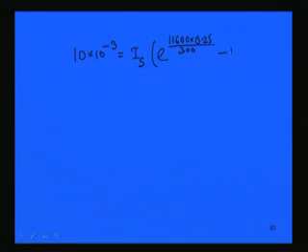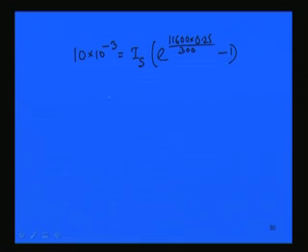In the current expression, we can now replace 10 milliampere, meaning 10 into 10 to the power minus 3 ampere, is equal to Is into exponential to the power k, that is 11600 into 0.25, the bias voltage, divided by Tk, the Kelvin temperature 300, minus 1.